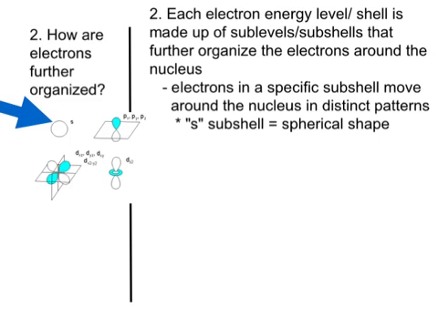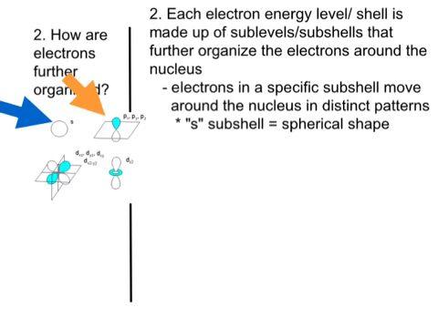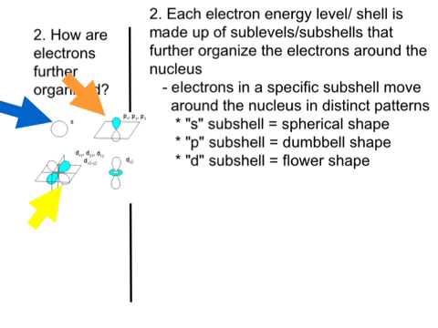Now, the P subshell here is what we call a dumbbell shape. So it's kind of like an infinity pattern or a dumbbell shape. Now, the D subshell is kind of like a whole bunch of dumbbell-shaped, like P subshells all kind of together.